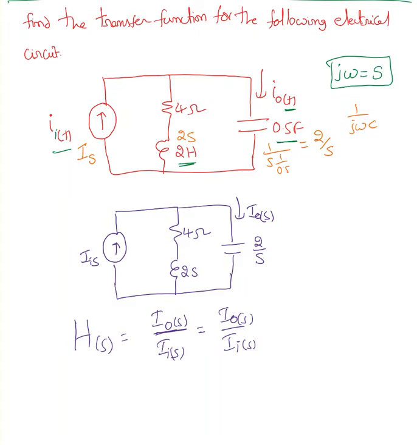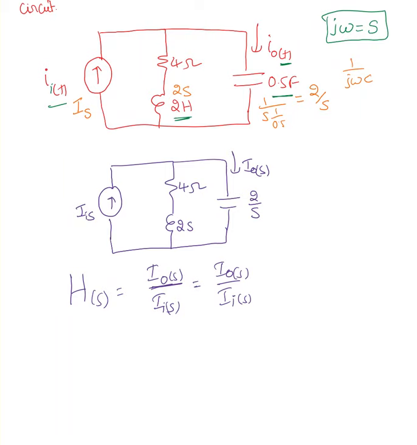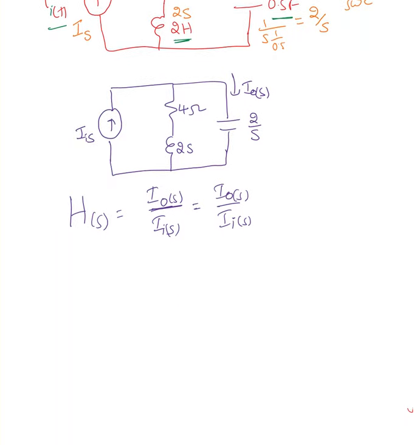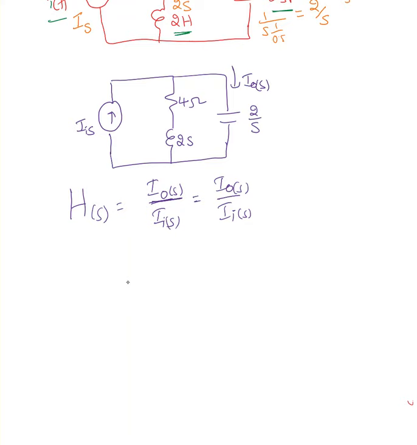Now, to find the output current, I can use the current division rule. Or you can find the voltage, and then after that you can find the current passing through that element. But if you know the current division rule, that's easy. So I'm going to repeat the current division rule one more time. Say, for example, you have two impedances, Z1 and Z2. They are in parallel, and you know how much total current is coming in, I input.